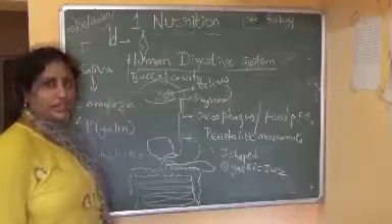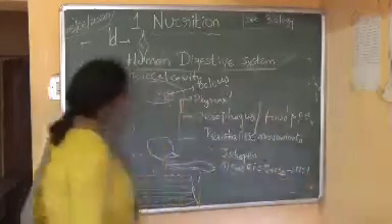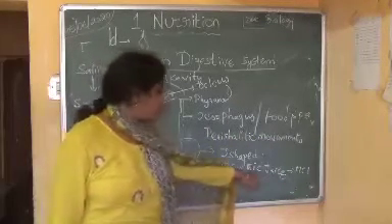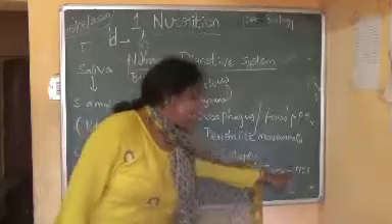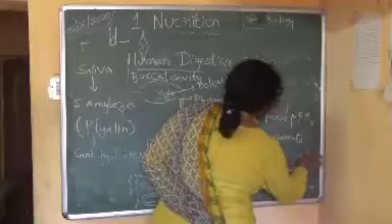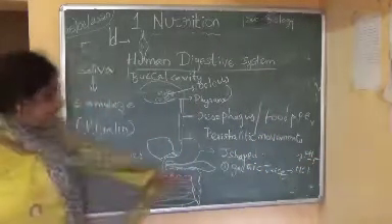This gastric juice contains HCl, whose pH is 5.